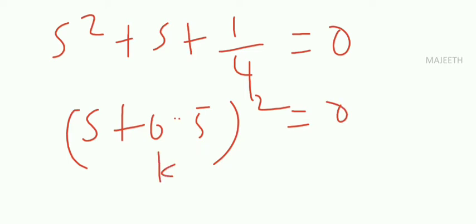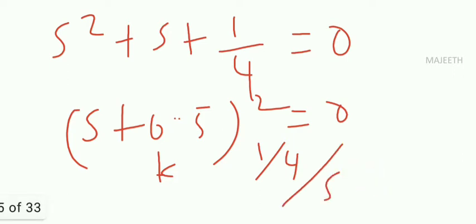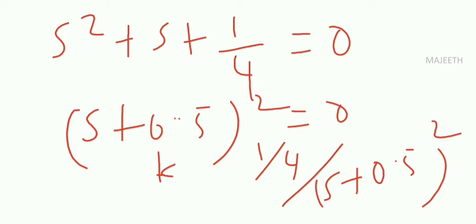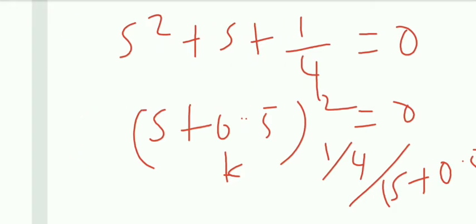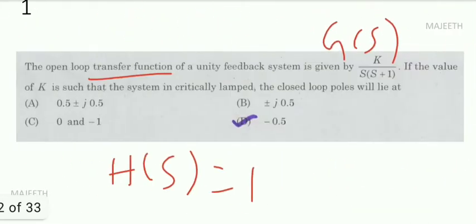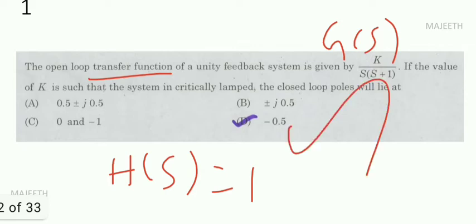The numerator is k, 1 by 4, divided by the denominator, s plus 0.5 whole square. So s is equal to 0.5 is a pole, so we have the pole at minus 0.5. So option D is the right answer.